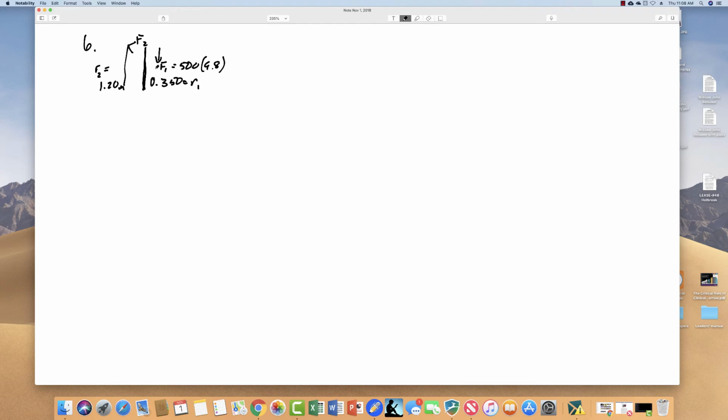The force of the wall is causing a torque in the counterclockwise direction. The force of the horse is causing a clockwise direction, and these two have to balance each other out. And since this is a force, we have to keep the 9.8 in here. So what you have is F2 times 1.20 is equal to the weight of the horse, or F1, times 0.350.